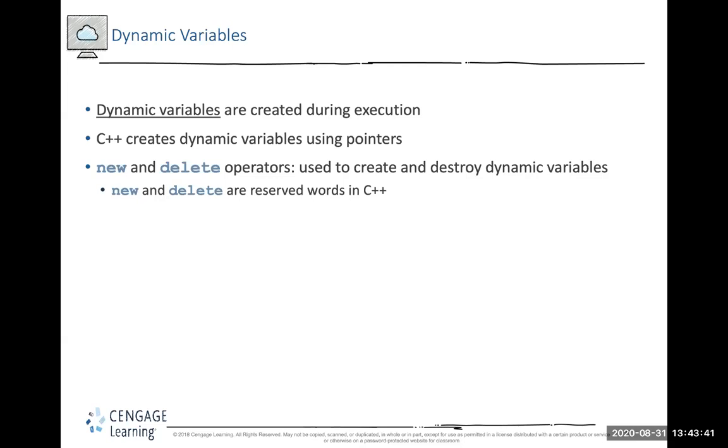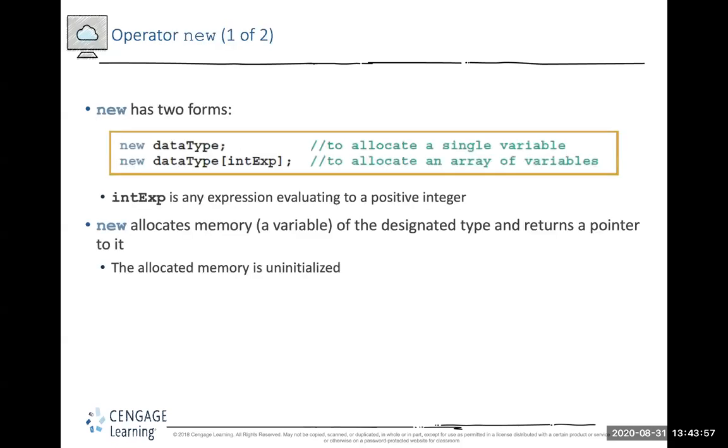And you need to make sure that memory is released sometime later when you no longer need it to avoid memory leak. And to deallocate a dynamic variable, you use the delete operator.